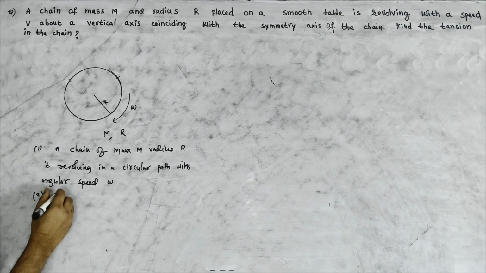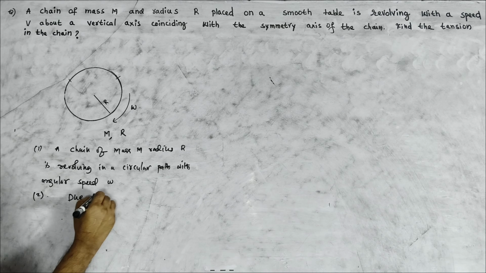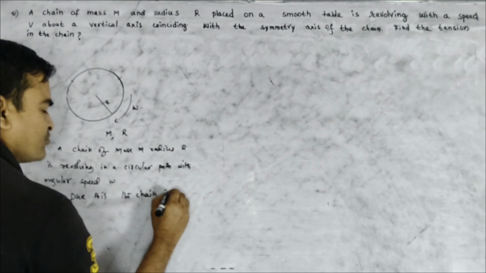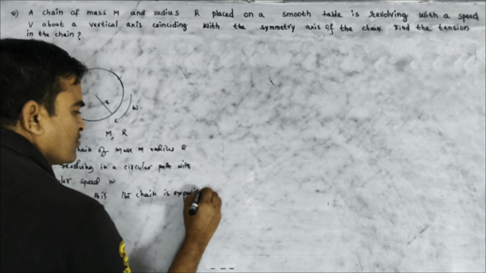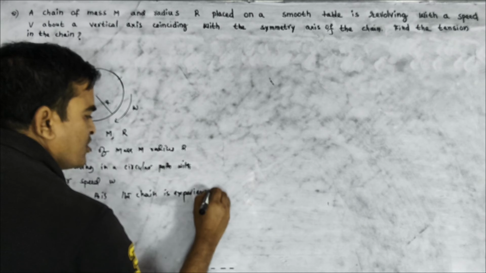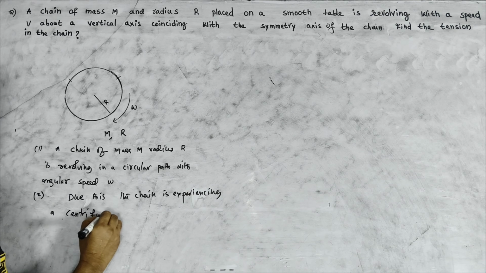And the second point is, due to this angular speed, the chain is experiencing a centrifugal force, which is denoted with Fc and acting radially outwards.